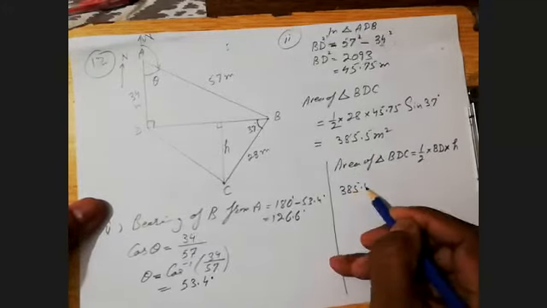385.5 is equal to 1/2 into BD, the BD base, and this is the height of the triangle, H. Apply the values: 385.5 is equal to 1 over 2, and the BD side, which we have already calculated, 45.75, into H. After calculating this, let me see what your answer is.